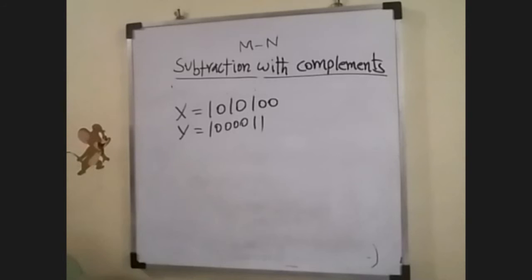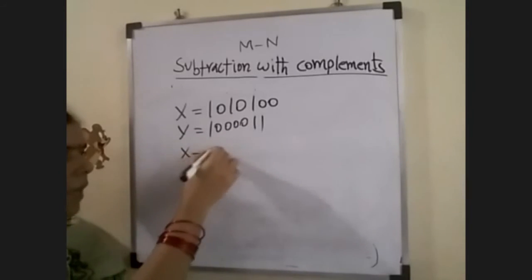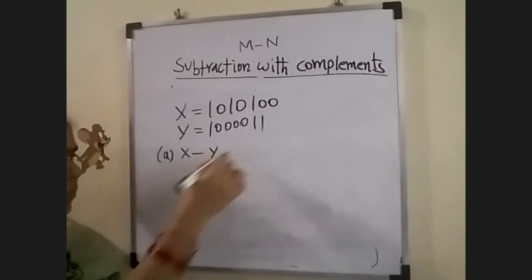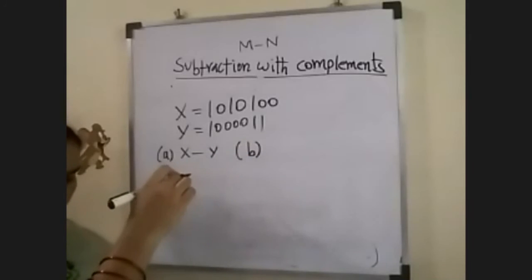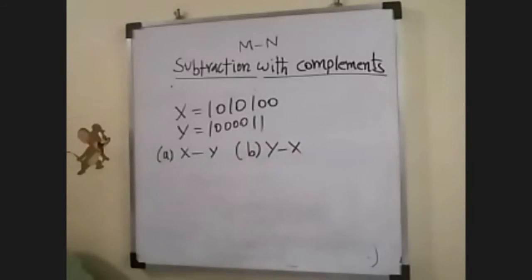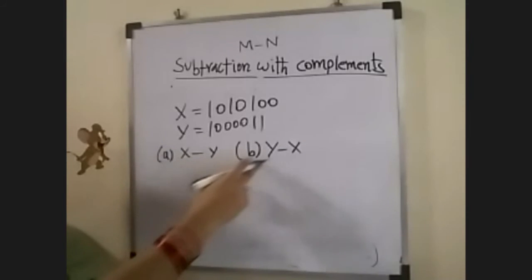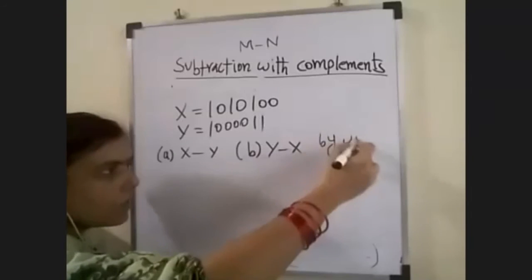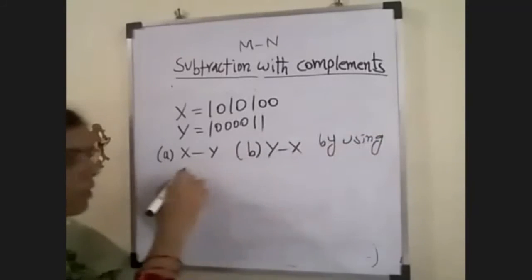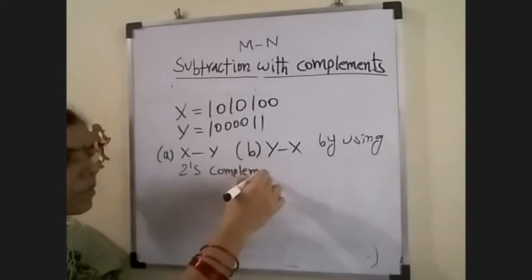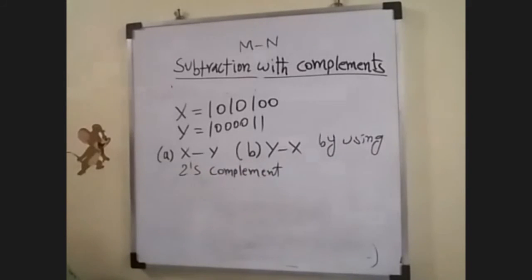Perform the subtraction x minus y. The first one, a, is nothing but x minus y. B is nothing but y minus x. Perform the subtraction x minus y and y minus x by using the 2's complement method.